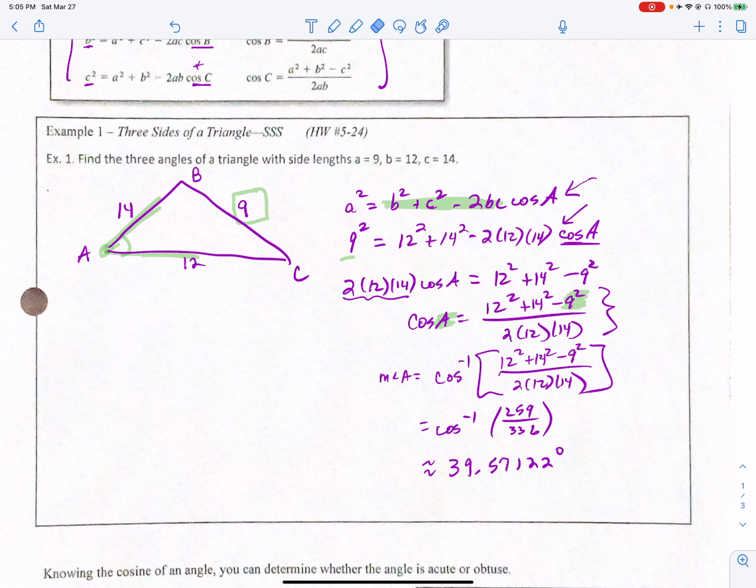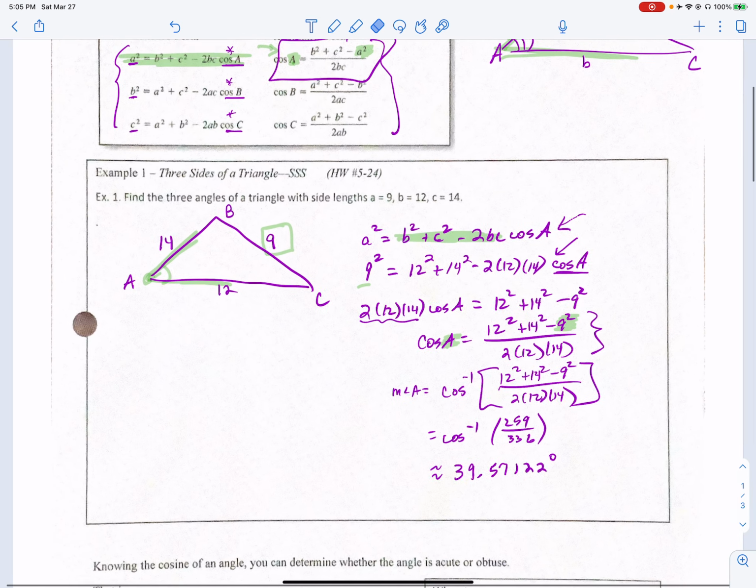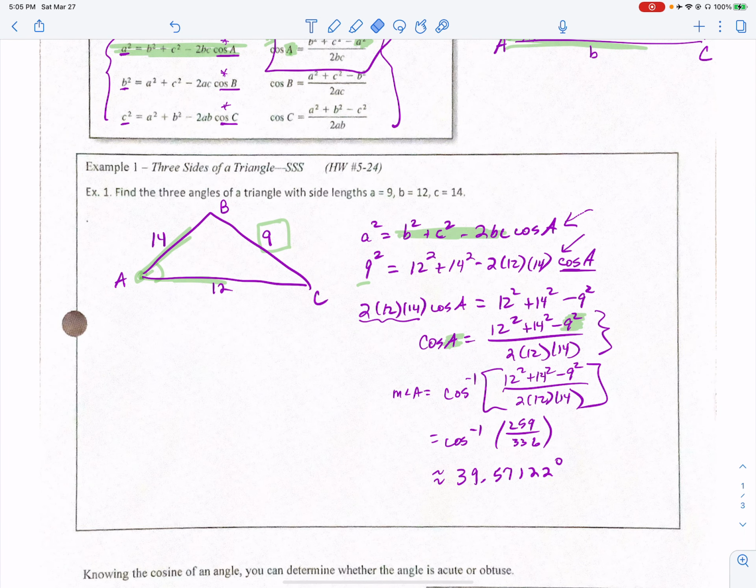So I found A. I'm just going to go ahead and set up for B. Again, to find angle B, I'll use the B squared here, and then I'll have A squared plus C squared minus 2 times their product times the cosine of angle B. And so I've got some different things set up here.